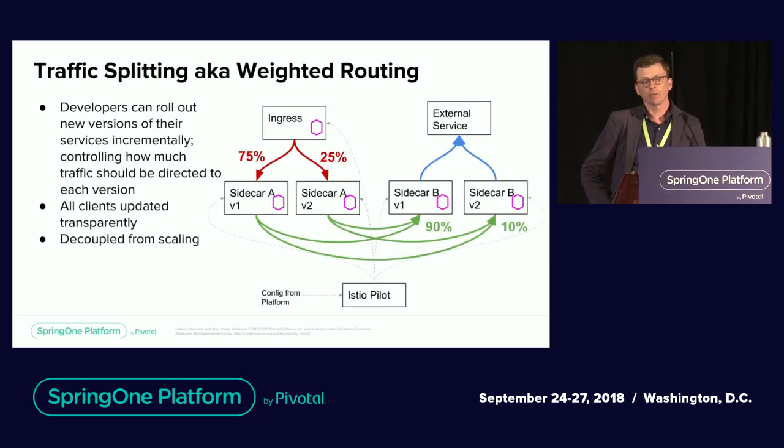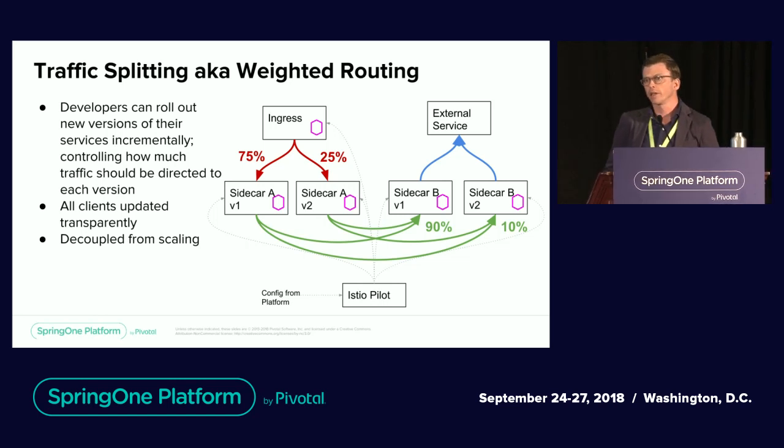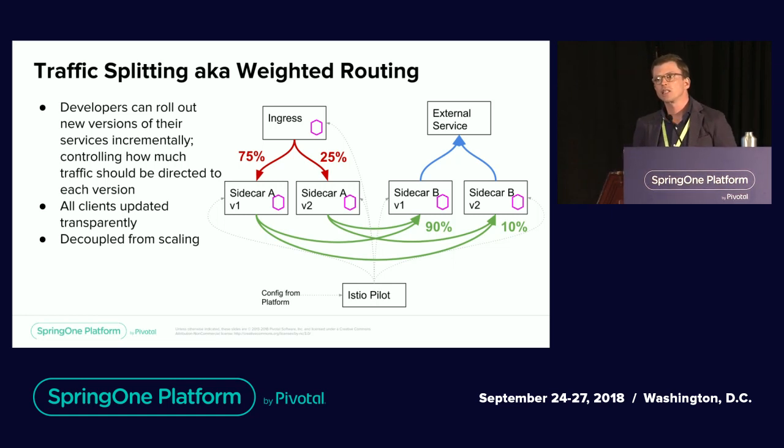The first feature that we plan to offer in Cloud Foundry using Istio is traffic splitting, or as we've been calling it, weighted routing. This is solving the use case of a developer wanting to roll out a new version of their application.